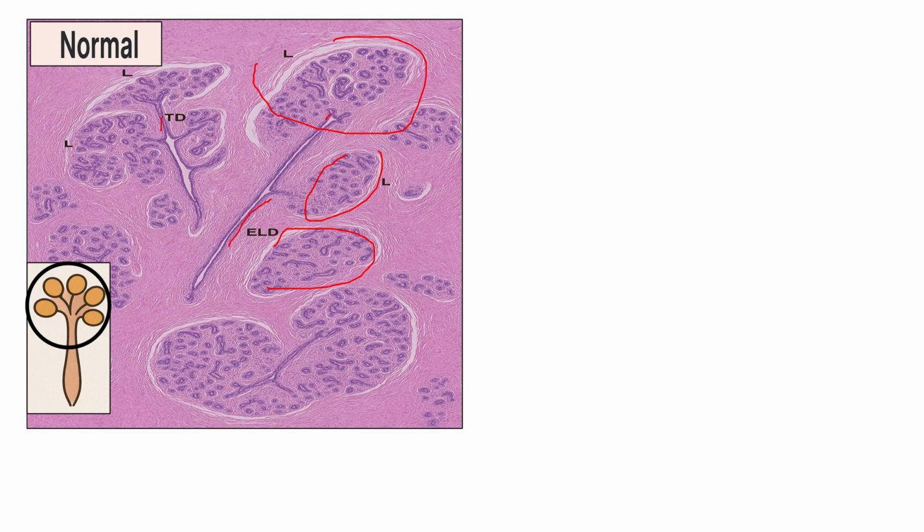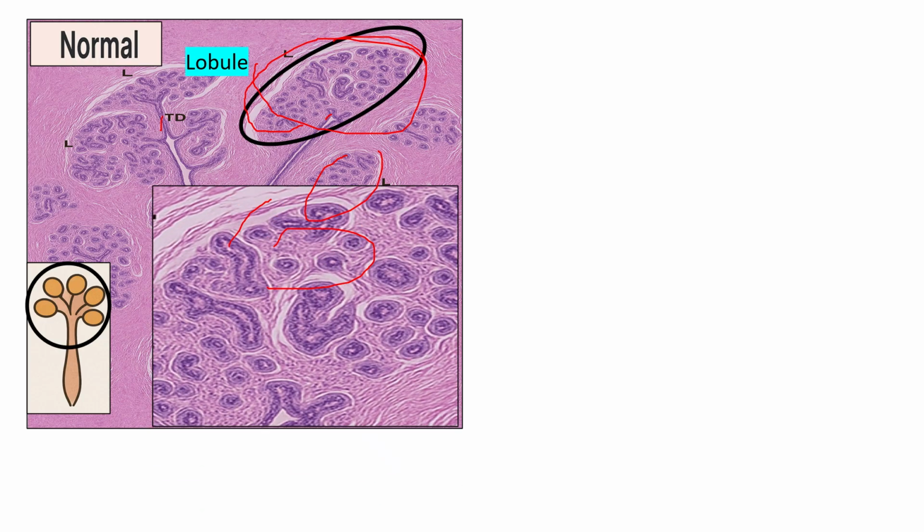From here, this is known as the terminal duct lobular unit. So this is a lobule filled with acini. As we can see here, there are a number of acini. Each acini is lined by double layered lining, that is inner luminal epithelial cells and outer myoepithelial cells.